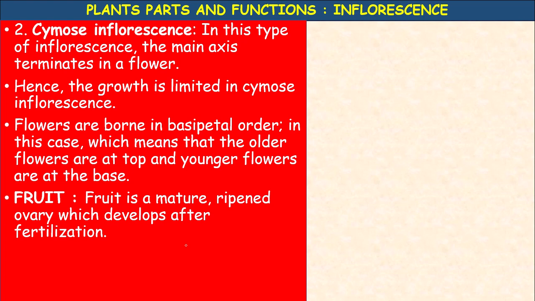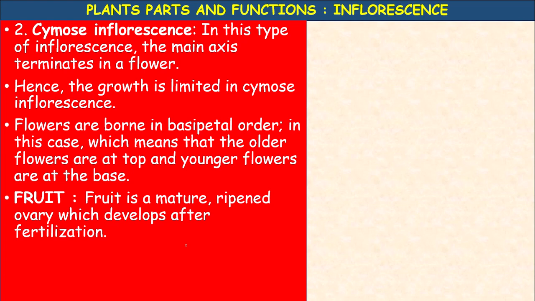Now come to the next part of the plant, that is fruit. Fruit is a mature, ripened ovary which develops after fertilization. Or we can say the mature ripened ovary develops into fruit.